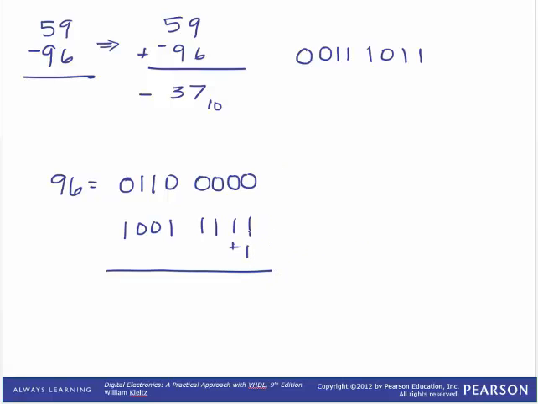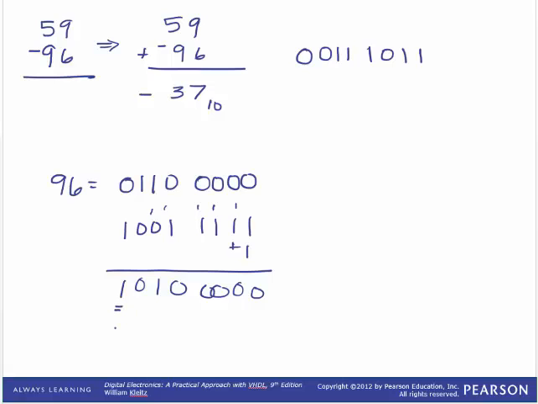So finish finding the 2's complement. 1 plus 1 is 1, 0. 1 plus 1 is 1, 0. 1 plus 1 is 1, 0. 1 plus 1 is 1, 0. 1 plus 1 is 1, 0, 1, 0, 1. So that's negative 96, and that's correct.